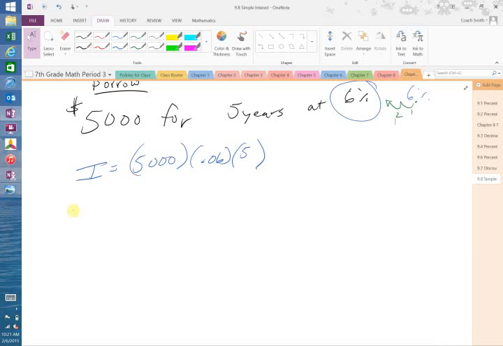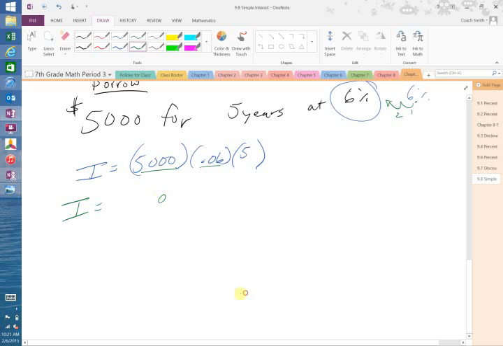Now when we multiply this out, you can do any order. I could take 5 times 0.06, or 5 times 5,000, then times 0.06. Doesn't matter. You're still going to get the same answer. So whichever way you see it better, do it that way. I'm just going to take 0.06 times 5,000.